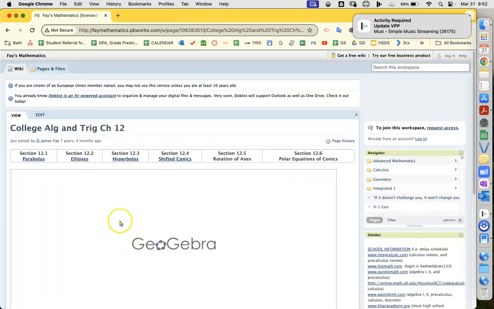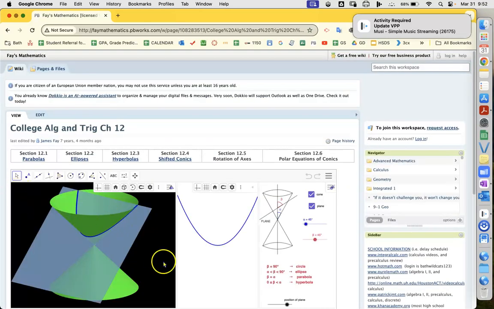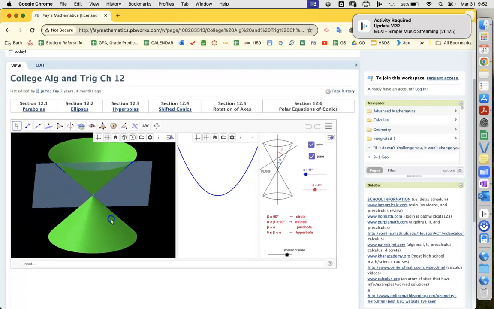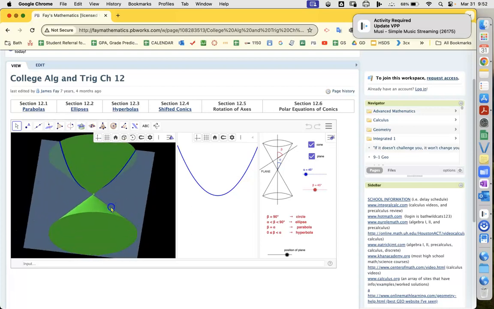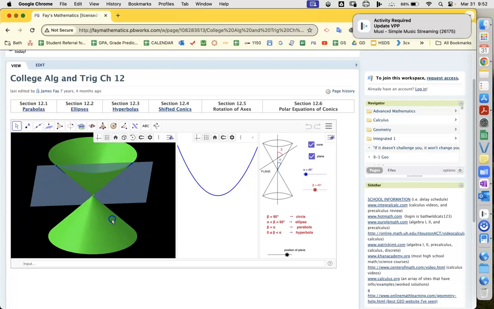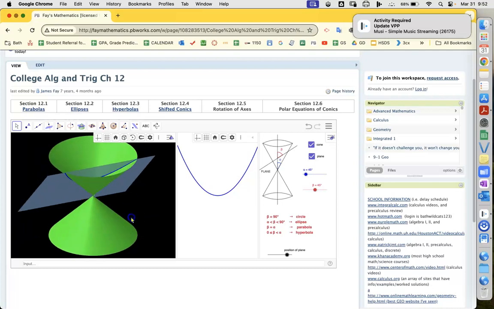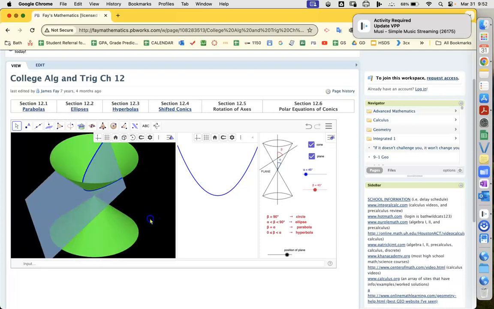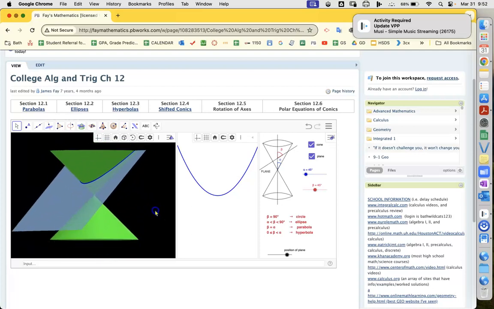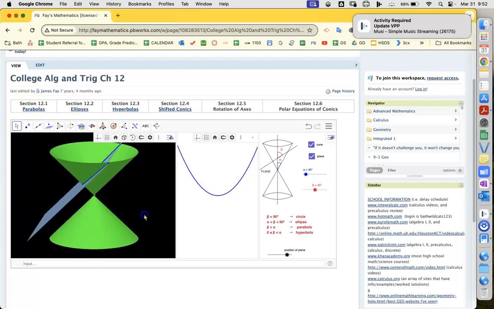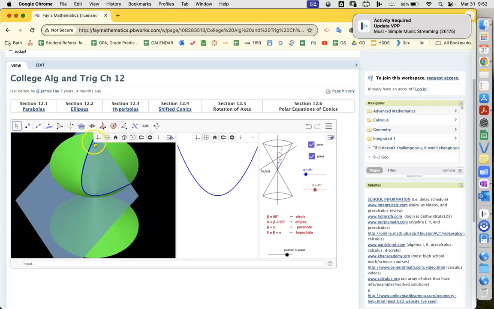Here, we see these two green cones are inverted on one another, meaning that they touch each other at their vertex. Then we take another plane and intersect that plane with the cones. We see that blue plane intersecting the cones, and the blue line is the highlight of the intersection.